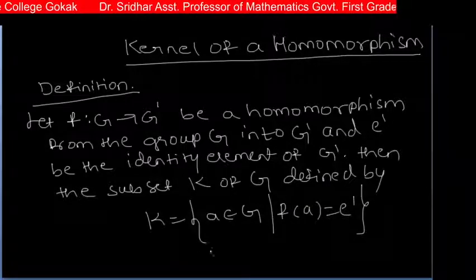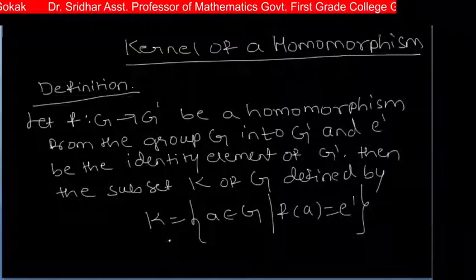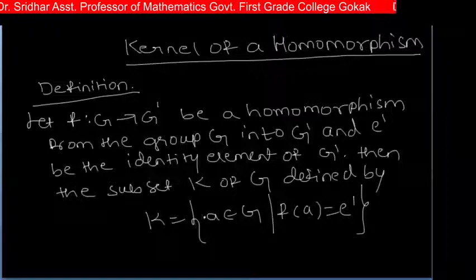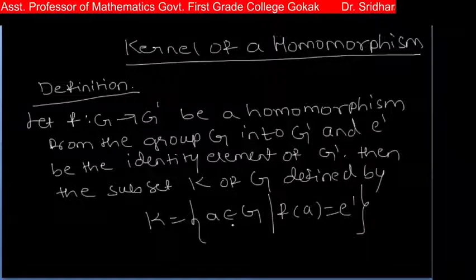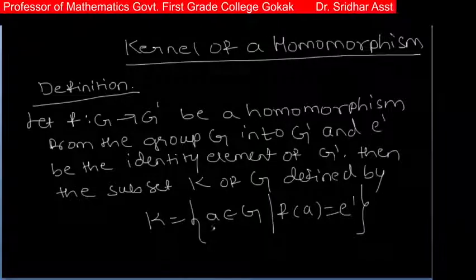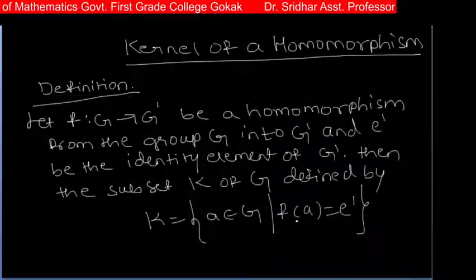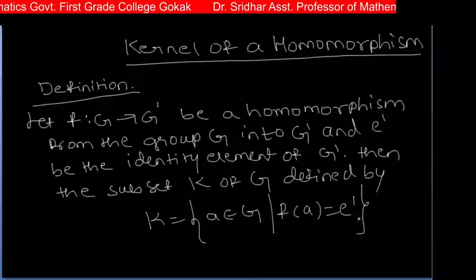Or in other words, we say that K is a subset of G containing the only elements of G whose images are E dash.